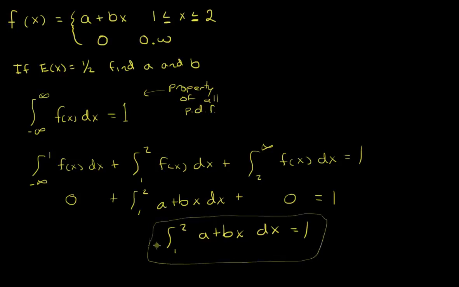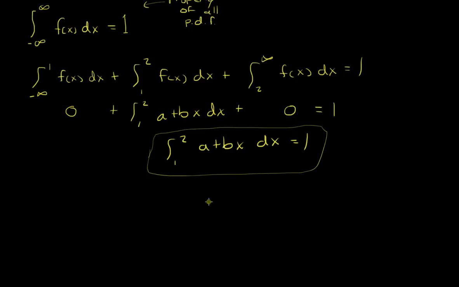Let's go ahead and figure out what this integral is, so then I have a more simplified equation. If I integrate over x, I'll get ax plus 1/2 bx squared evaluated from 1 to 2.